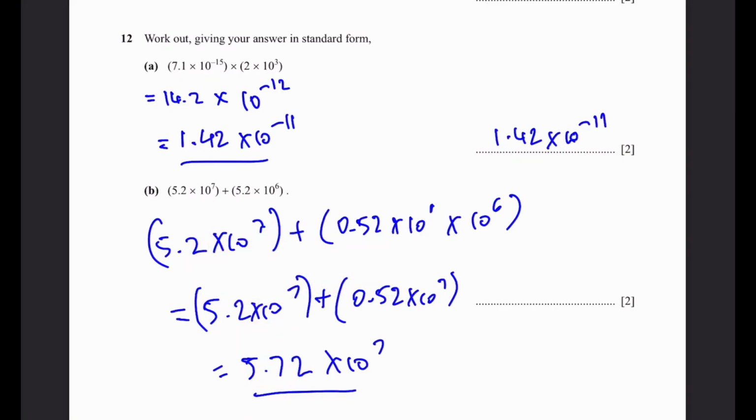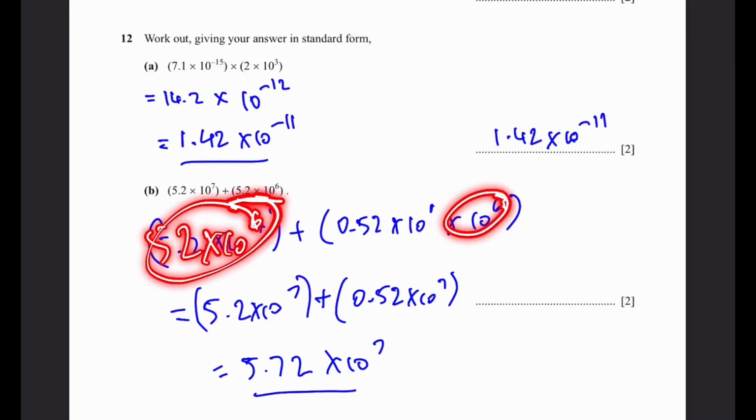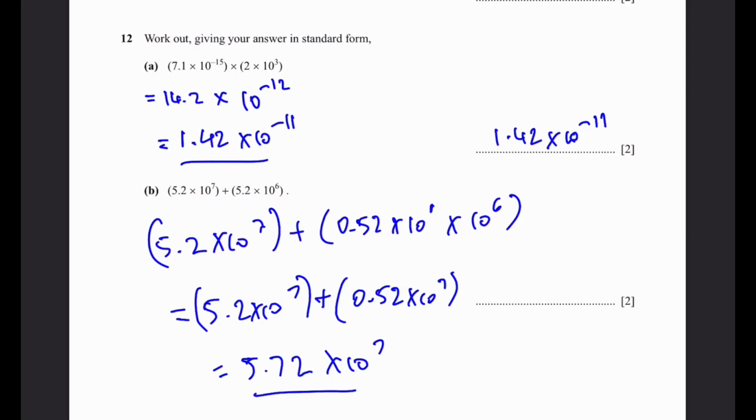And what's the other method I was talking about? We can make this as 52 times 10 to the power of 6, and then we can factorize the 10 to the power of 6 from this, and we'll get 57.2 times 10 to the power of 6. But then we have to make this into standard form. It's not in standard form because 57.2 is not in that specified range of x, which is 1 to 10.